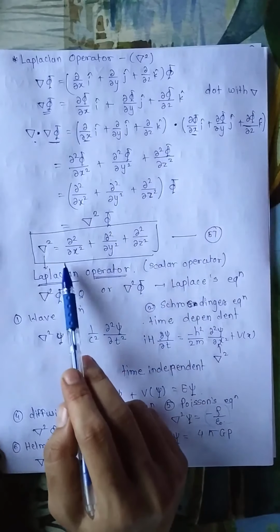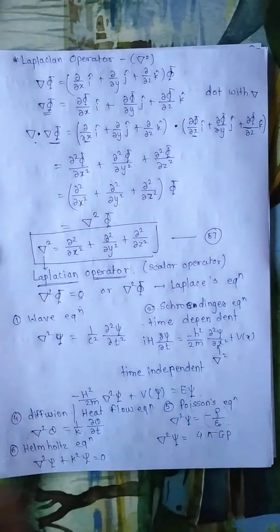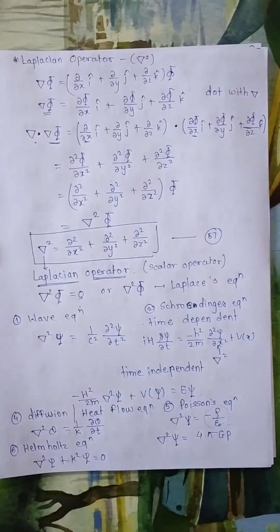So this is the Laplacian operator. And also we have discussed the differential operator, which is given by del. So these are the new terms or new concepts for you. These are easy. So this is all about the differential operator and Laplacian operator.